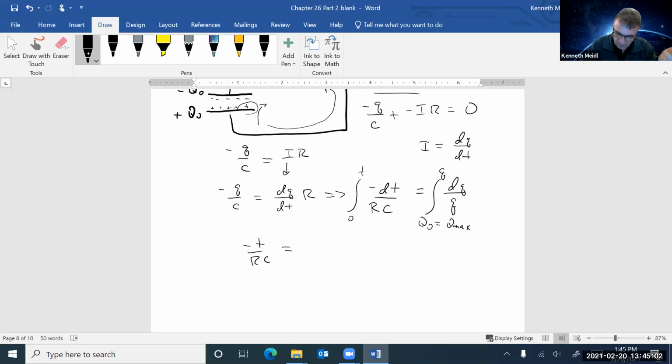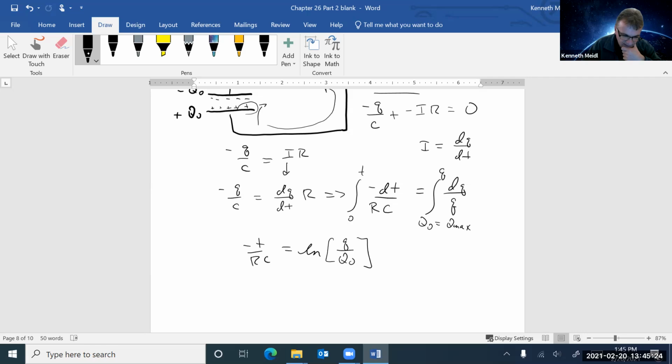Now the other side is exactly what we had before. You have a dQ over Q, and so that's a natural log. You end up with the natural log of Q over Q0, since you can write those as a subtraction.